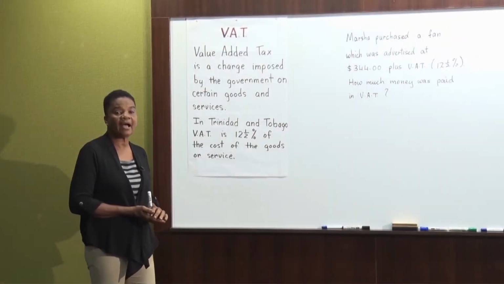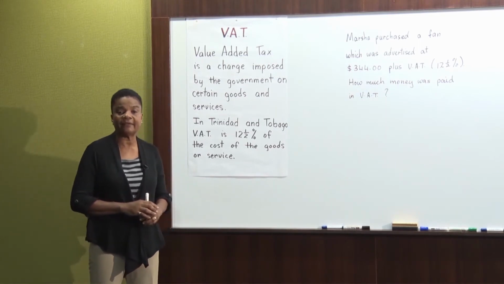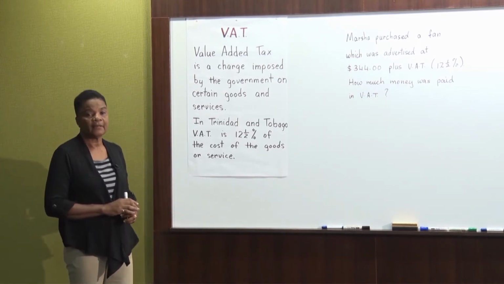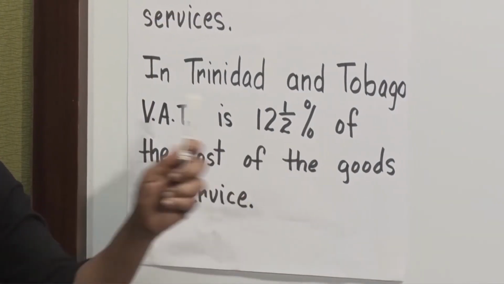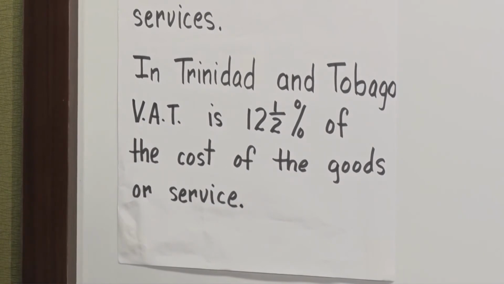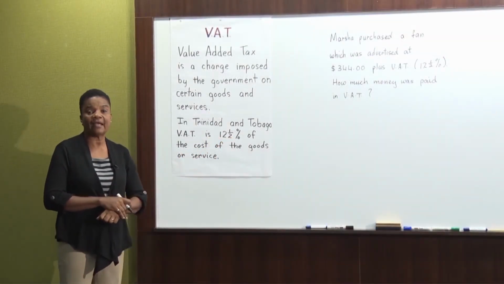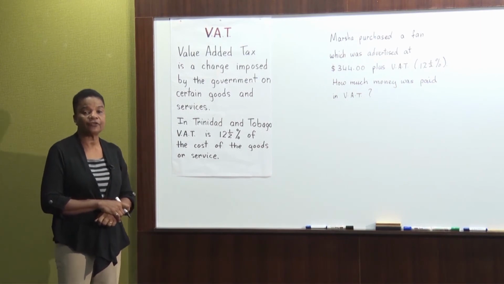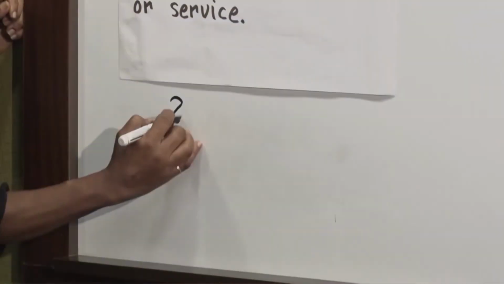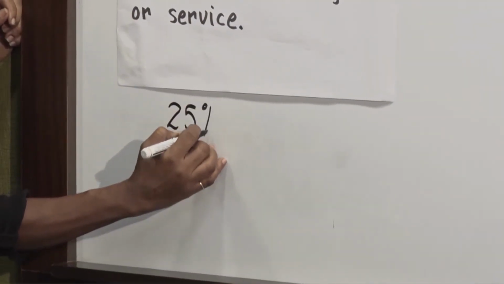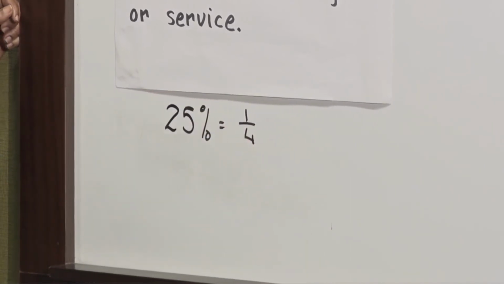Now, some of you may ask, why do we have VAT? VAT is one way the government earns money. In Trinidad and Tobago, our VAT is 12.5%. But I'm going to make it easy for you. We are not going to work with 12.5%. We are going to change that to a fraction. Now, most of you know that 25% is a quarter. I'm sure you remember that.